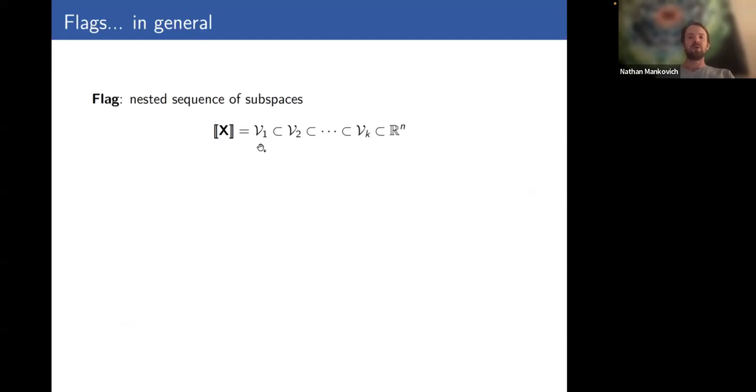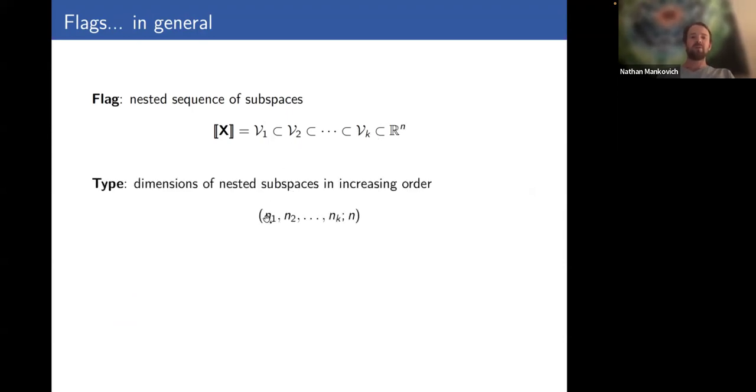Maybe to reiterate this in a little more generality, you can have K subspaces that are all nested, living in Rn. And you have this type, which is the dimensions of the nested subspaces in increasing order.